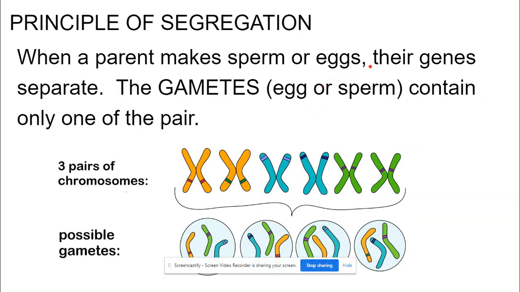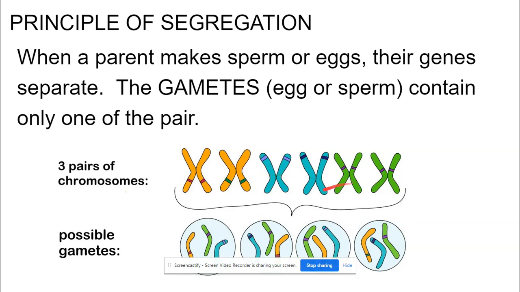The other principle was the principle of segregation: when a parent makes sperm or eggs, their genes separate, and the gametes contain only one of the pair, or half of the information. While right here there may be three pairs of chromosomes, in the possible gametes they only have one of each, half of each of those chromosomes.